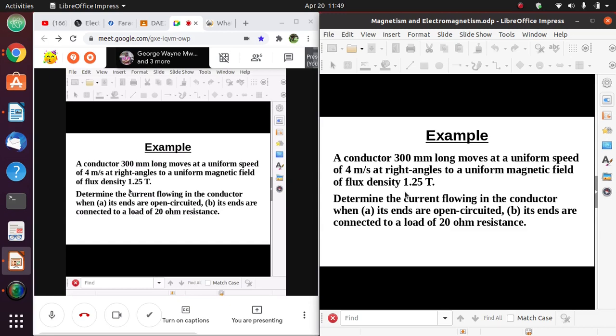We had talked about flux density, so I won't do them again. Now you've been told to determine the current in the conductor when A, it is open circuited, which means that the circuit is not complete, and B, when the circuit is connected to a 220 ohm resistor. I'll give you a minute to write down that question and then we'll calculate it together.